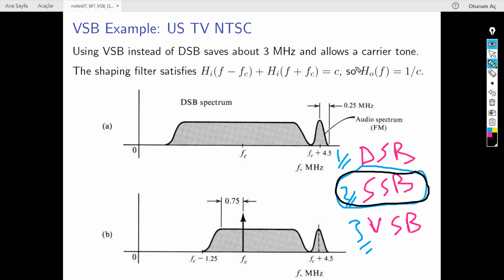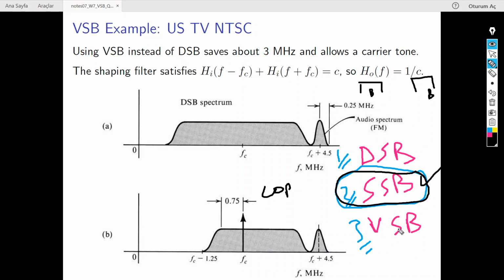Why? Because for a message with bandwidth B, you require a modulated signal of bandwidth B. So this is number one in terms of spectral efficiency. But at the expense of what? What's the cost here? Complexity. Single sideband is the most complex analog modulation scheme among the others.